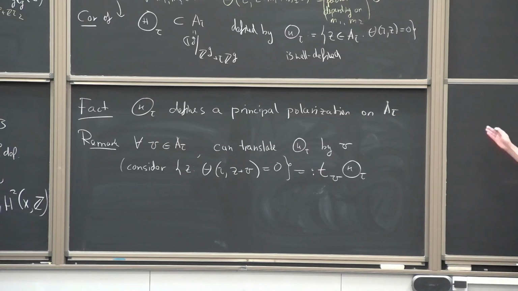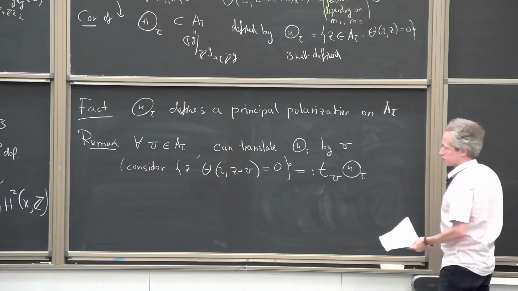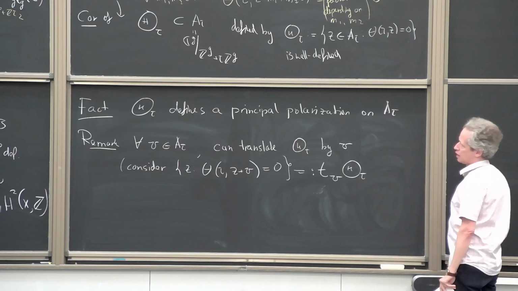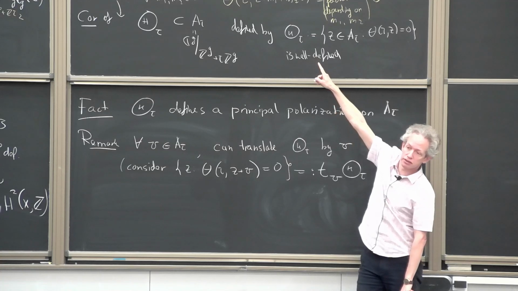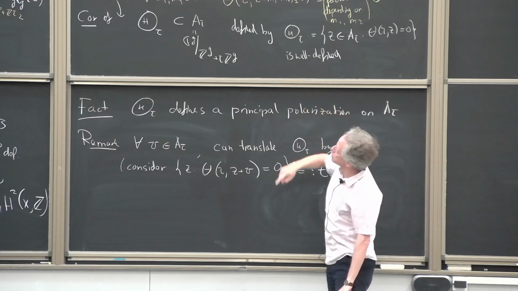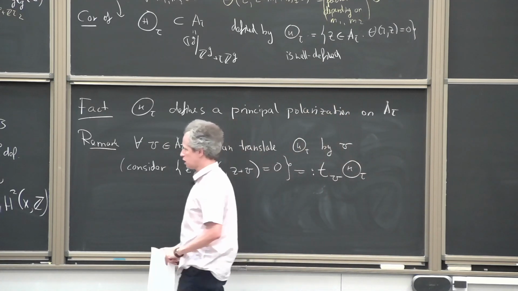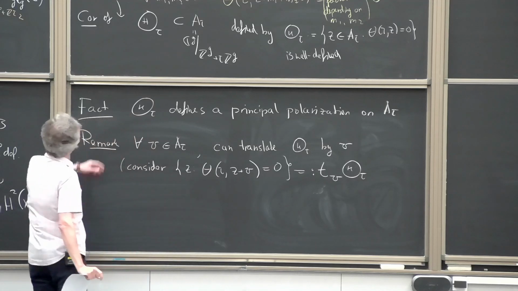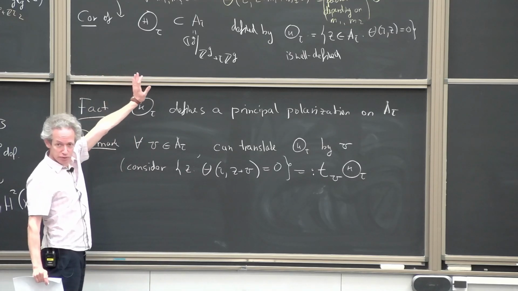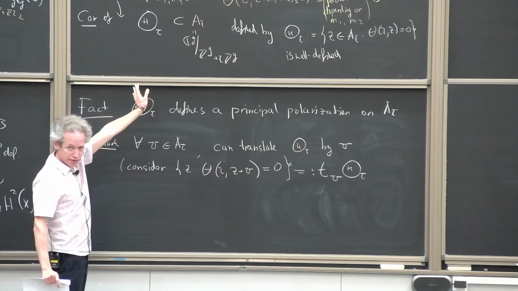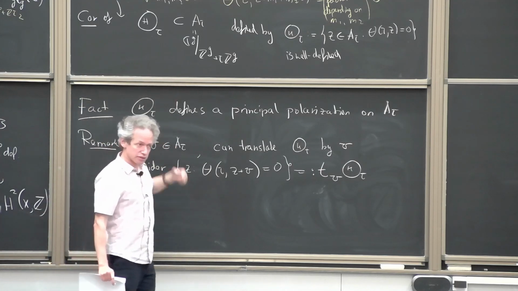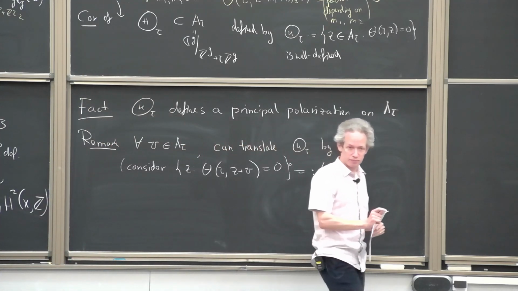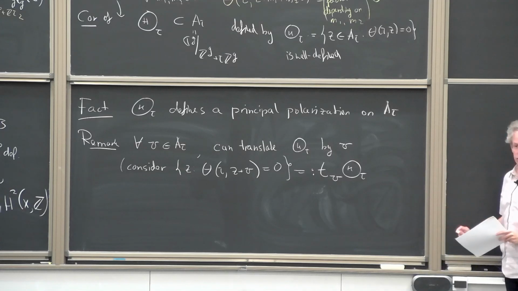Yes, there is quite a bit of stuff hidden here, of course. You need to check something. There are some choices involved. I wrote some formula, which is really a formula dependent on a point in the Siegel space. The isomorphism classes of abelian varieties are not the Siegel space, but a quotient by the symplectic group, which I'm not going to write again. And I'm also claiming that this choice is reasonably well defined under the action of the symplectic group. There are many things that I'm hiding, but this is not the direction I want to go.